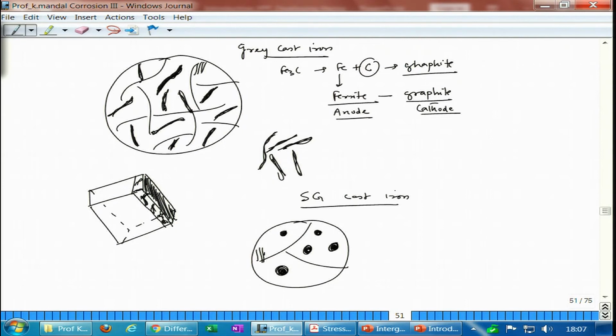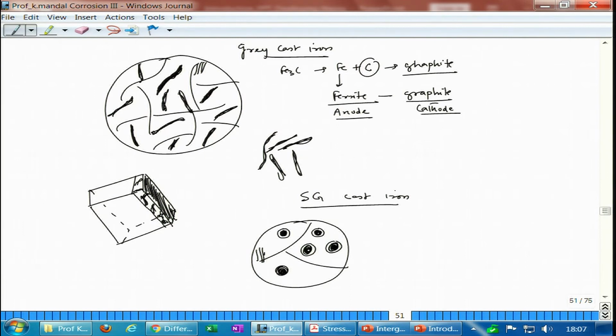Interestingly, if it is a pearlitic SG iron, around that spheroid you will see a white layer. Those white layers are nothing but pure iron or ferrite, because while graphite forms, it takes carbon from the surrounding area. The cementite breaks, and that area becomes whitish.